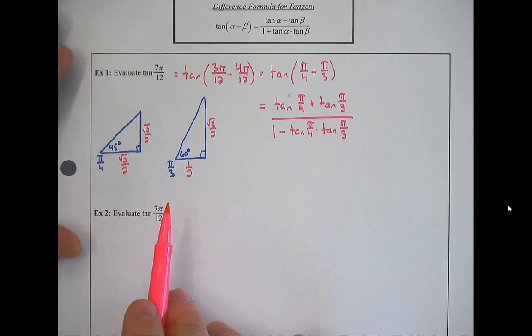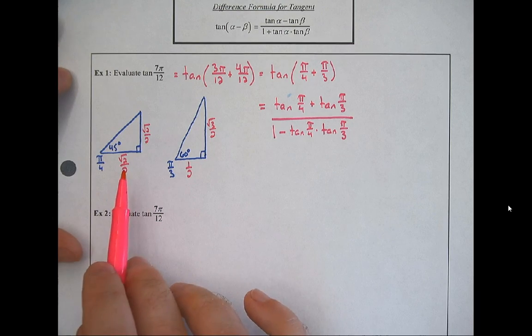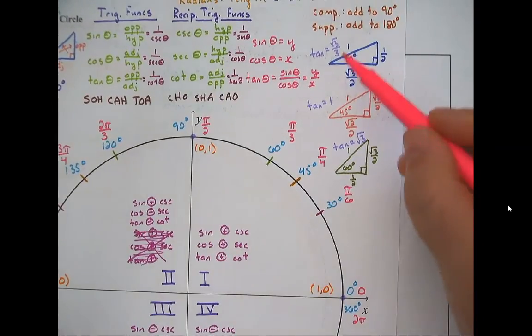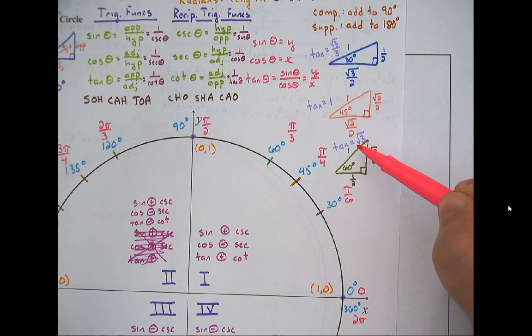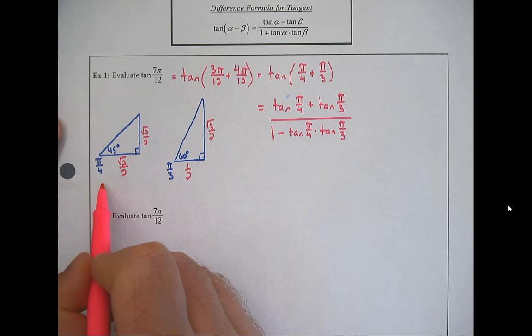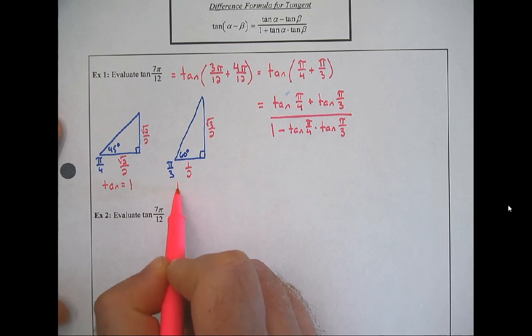Now, I'm not done here because I want to evaluate the tangent of these. So you can do that one of two ways. You can go the long way of actually doing y divided by x, or opposite over adjacent, or you can remember that we actually added what tangent was to each one of our special right triangles. So tangent of a 45 ends up being 1.